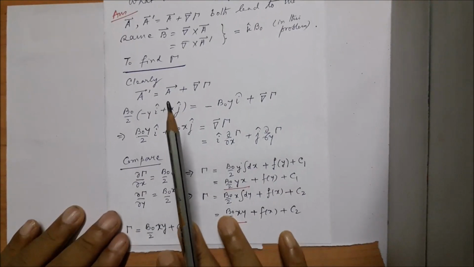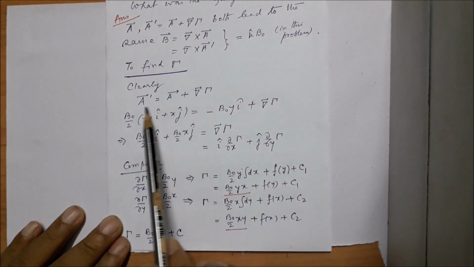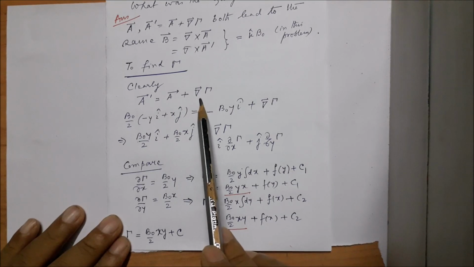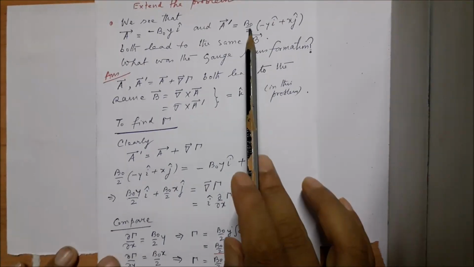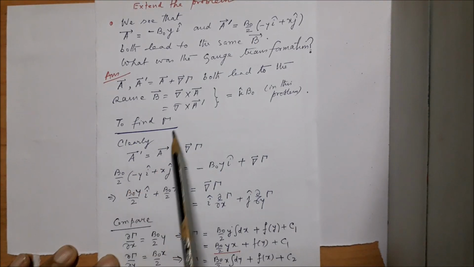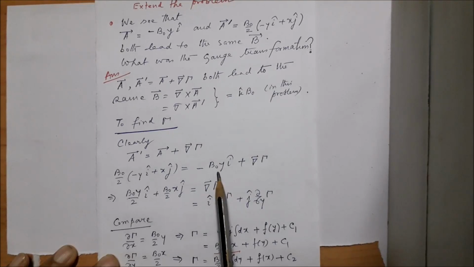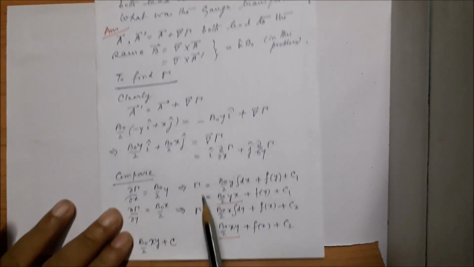So clearly, let us start with this expression. A prime is A plus grad of gamma. Now the value of A prime is put here. The value of A is here. We have put it, and grad of gamma, we do not know gamma. So we have this equation and we can easily solve it.